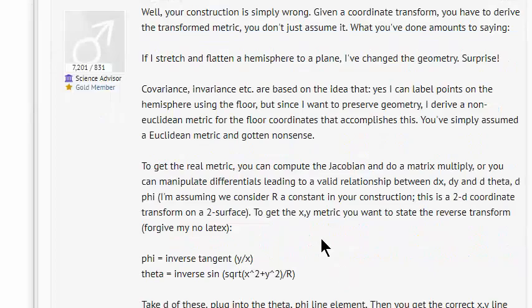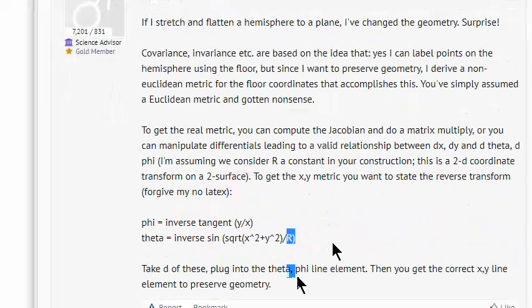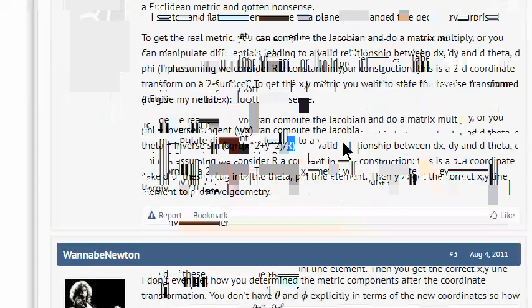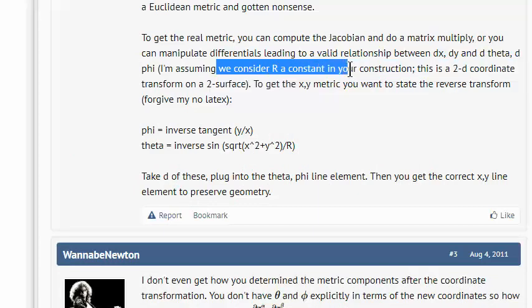So it's good to see that he has that r in there, and then he specifies we consider r a constant in your construction. So since he has that, you can see that he's going to make a mistake if he tries to do the Jacobians with that constant value of r in there, when the Jacobian is a function of x, y, and z, and he doesn't have square root of x squared plus y squared plus z squared in there.